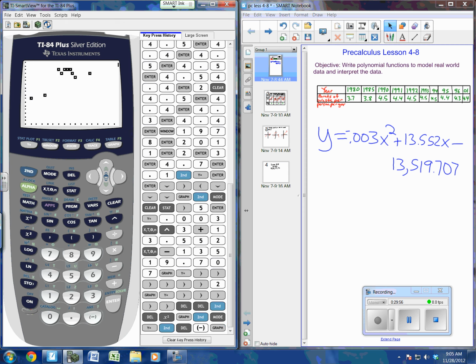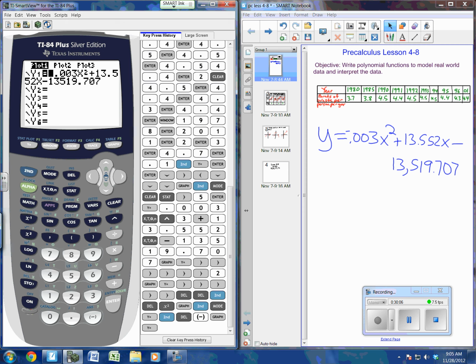Hit graph. And now, hopefully, oh man, what did I do wrong now? Negative 0.003x squared. I've got to go back and look at this again.